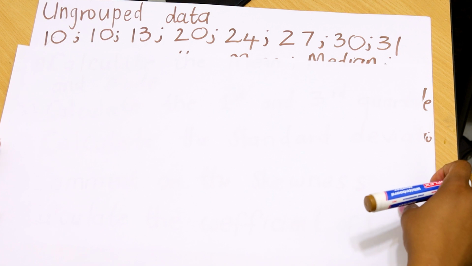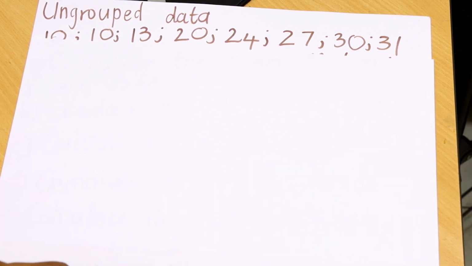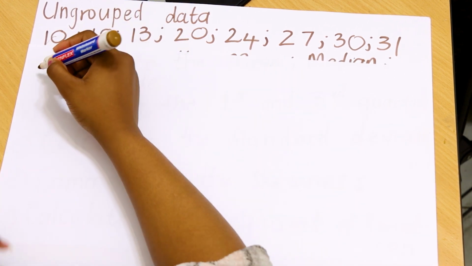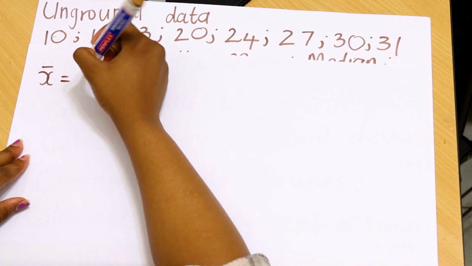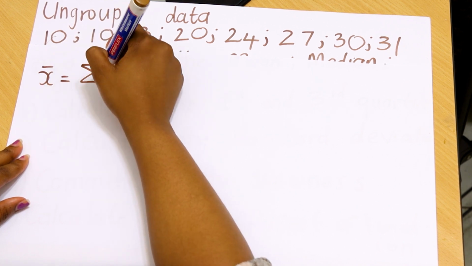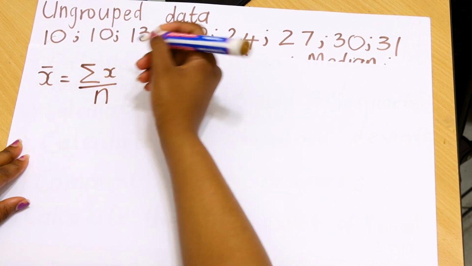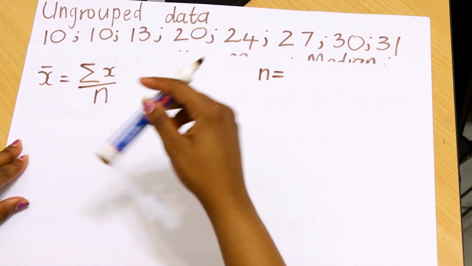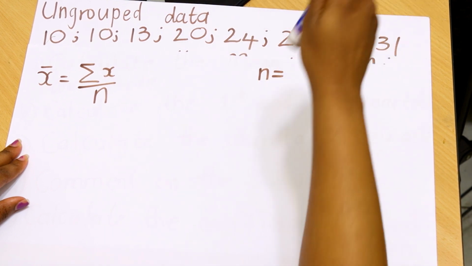Okay, for the first question, let's start with the mean. Everybody knows that the mean is given by the sum of all your data points divided by the sample size. So in this case, n is the number of your data points. We have 1, 2, 3, 4, 5, 6, 7, 8 points.